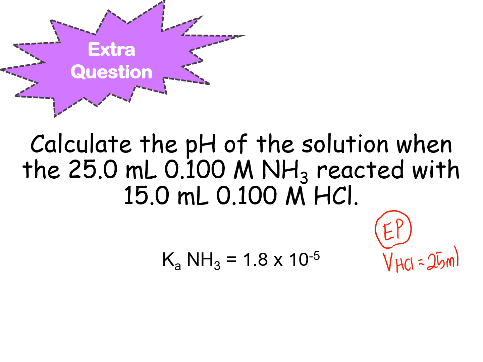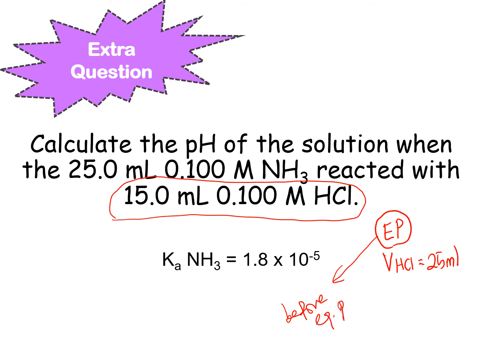So, since dekat sini volume HCl adalah 15, so maksudnya this is before equivalent point. So, before equivalent point, set dalam kepala, HCl will be completely consumed. Yang akan tinggal nanti at the end of this reaction adalah NH3 dengan garam.